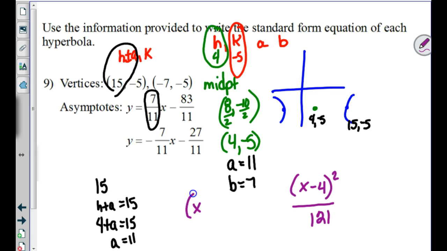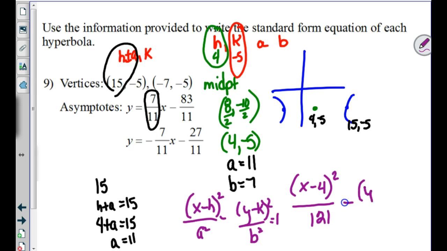Maybe I should write the formula down. Y minus -5, or plus 5, over B squared, which would be 49. Everybody good? Okay.